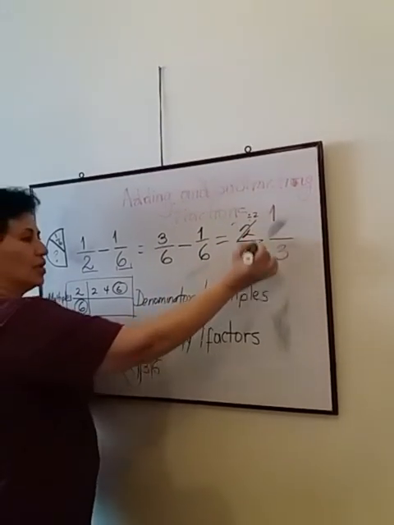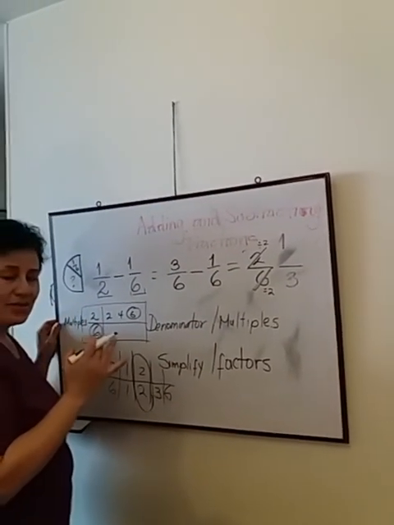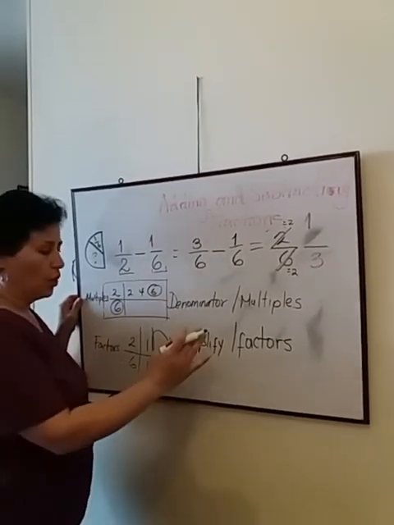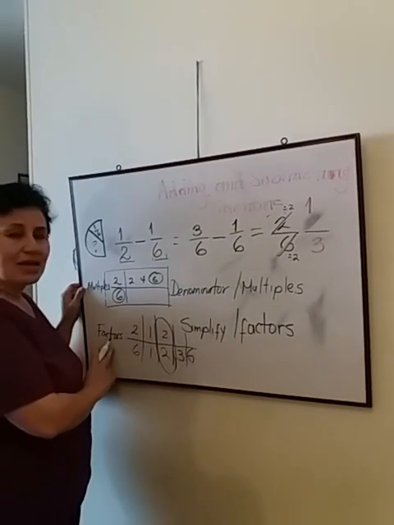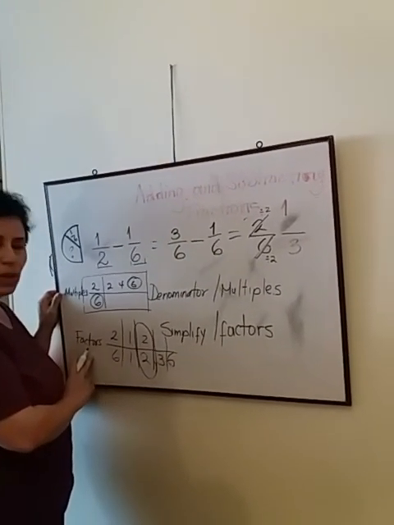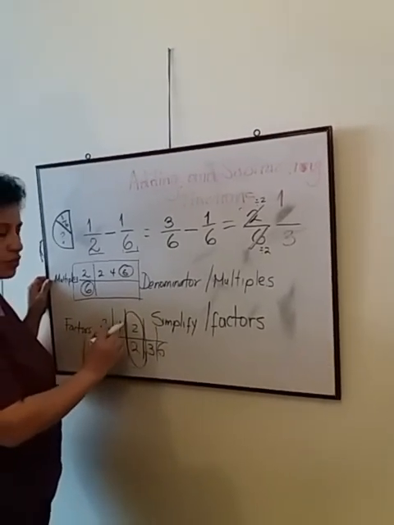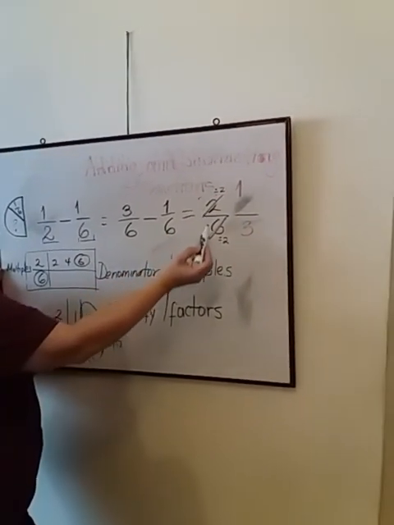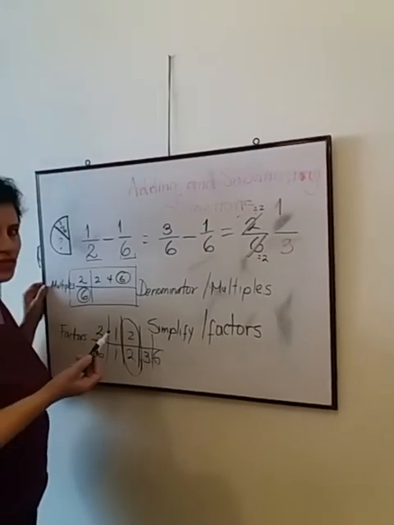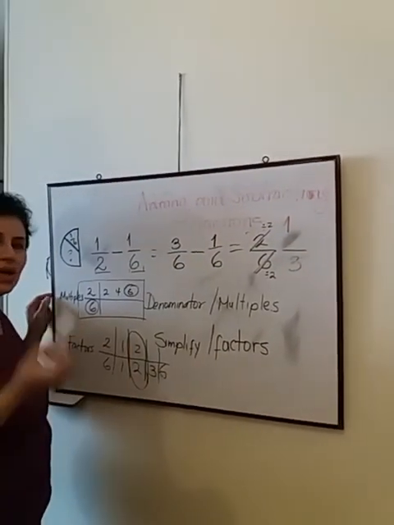Once you have the answer, present it in simplest form by finding the greatest common factor. List all the factors, select the common factor, and divide each one of the numbers by the common factor, and you give the answer of the fraction.